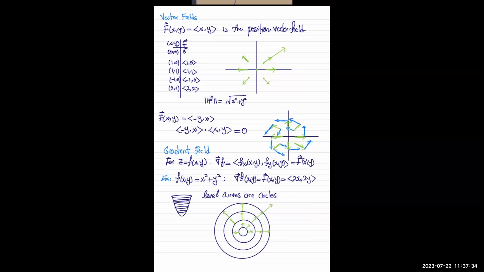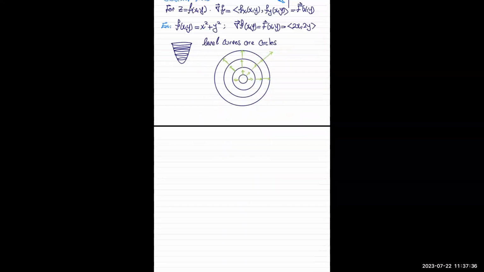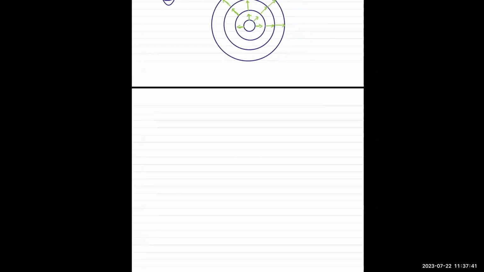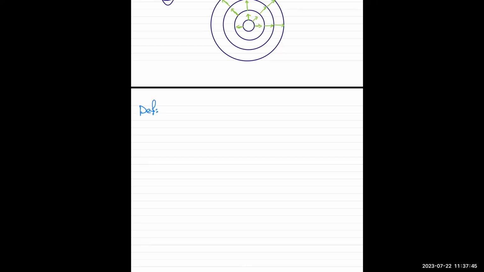All right, so the next thing is the definition of what we call the conservative vector field that we are going to talk a lot about in section, I believe, 16.3.